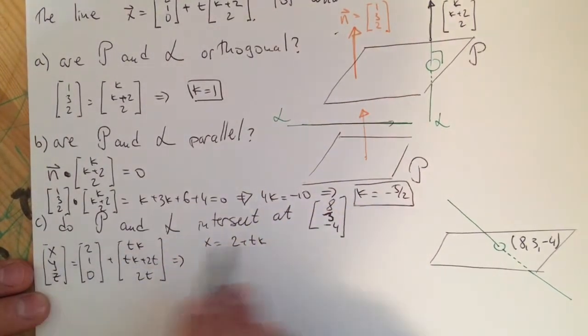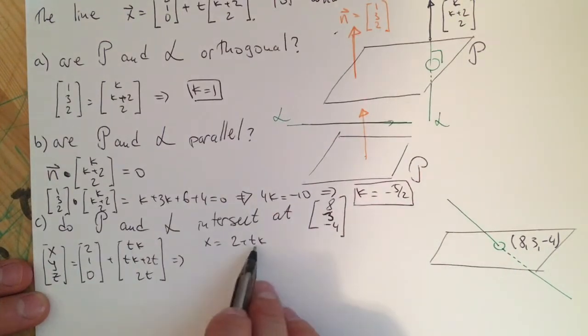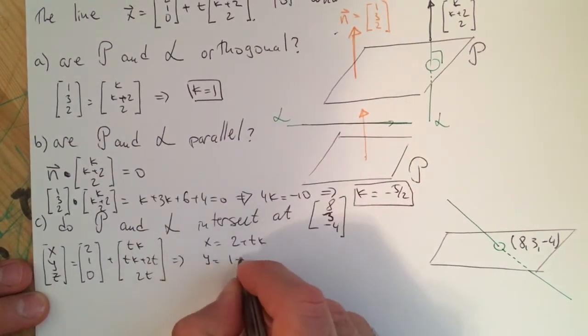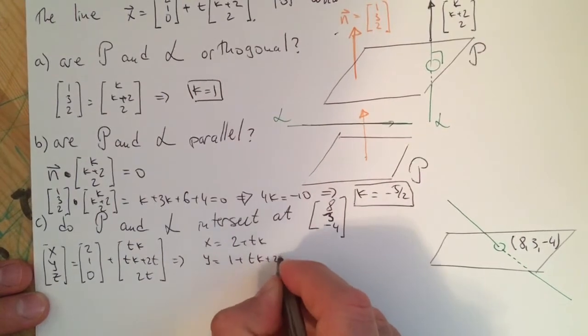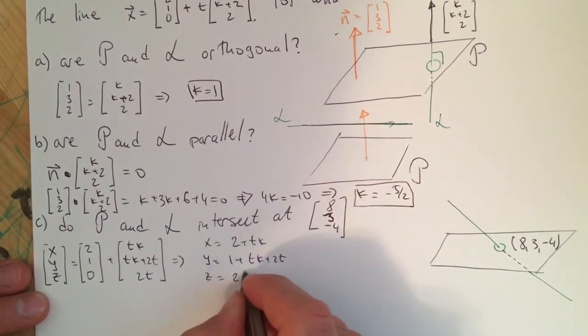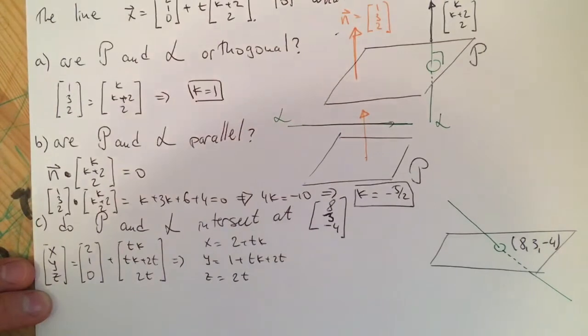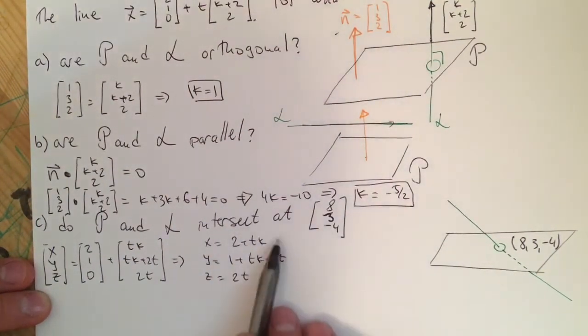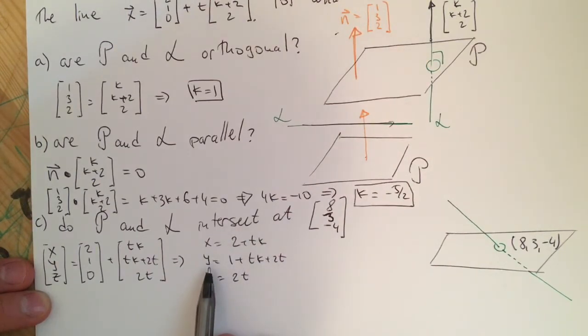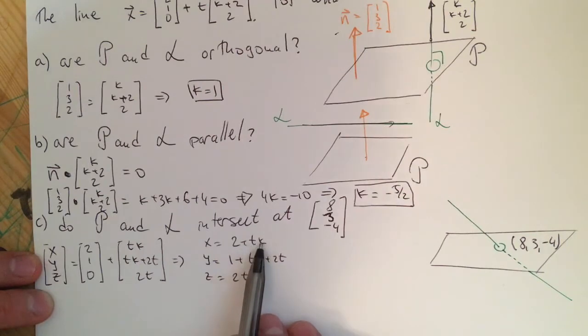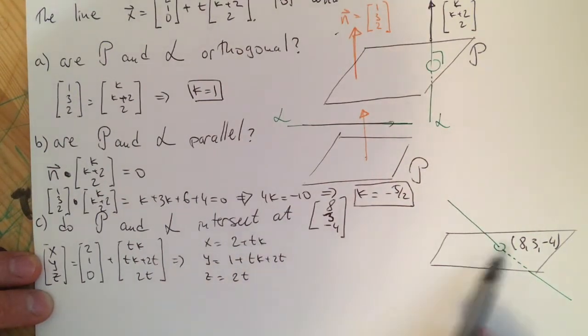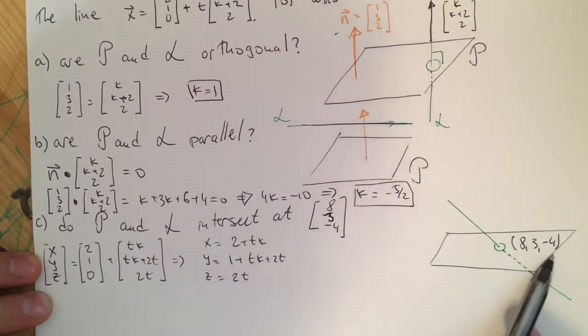Every x on this line can be expressed as 2 plus tk, y is equal to 1 plus tk plus 2t, and z is equal to 2t. So every single point on this line satisfies these equations. So I want to find t and k such that x is 8, y is 3, and z is negative 4.